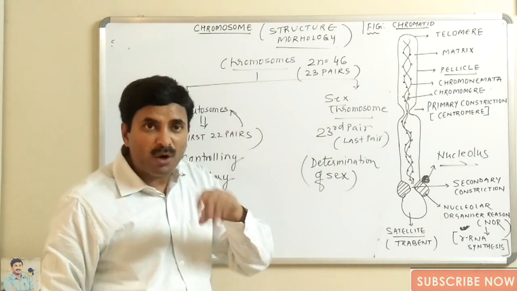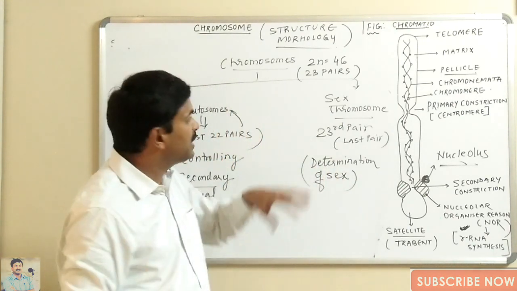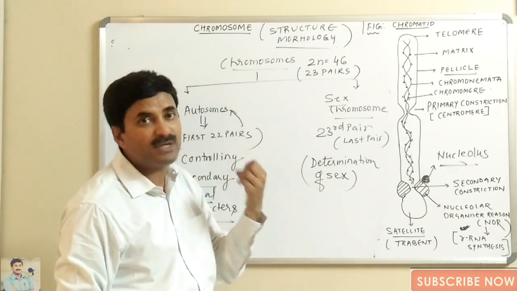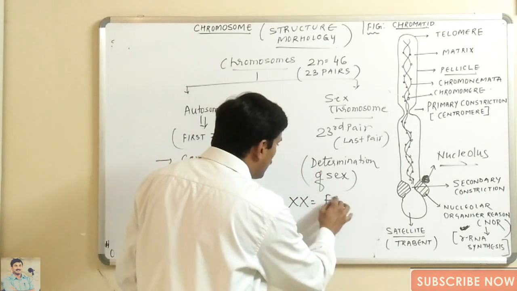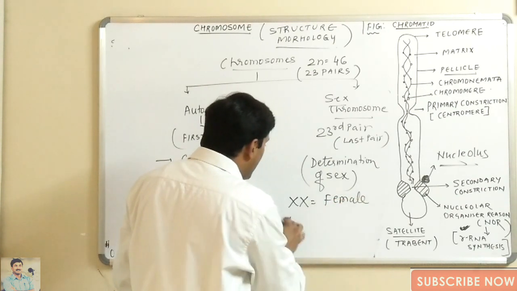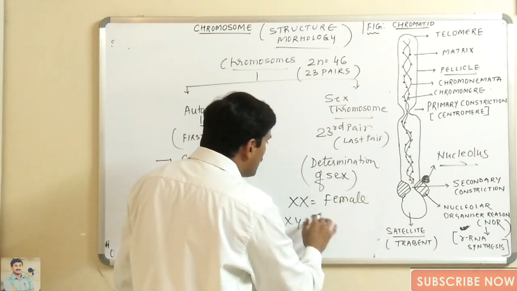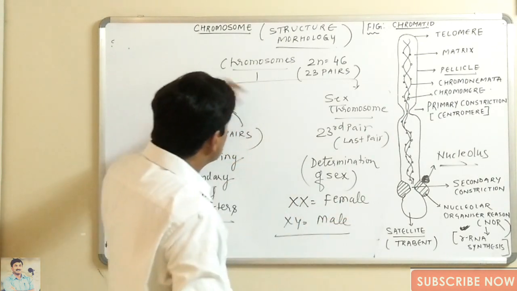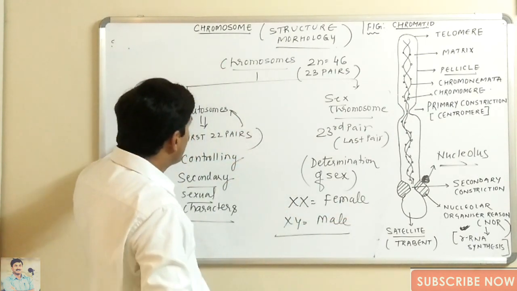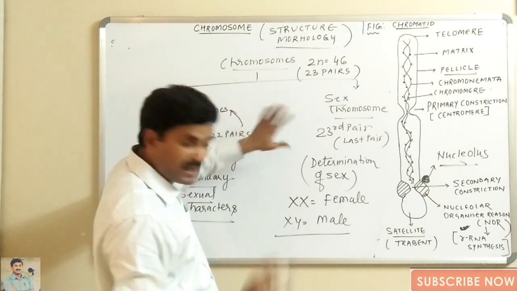Whether the born child will be a male or a female wholly depends on the sex chromosome. Remember, XX is the sex chromosome pair always found in the female, and XY is the pair found in the male. So this was one more classification of the chromosome: chromosomes may be autosomes or sex chromosomes.